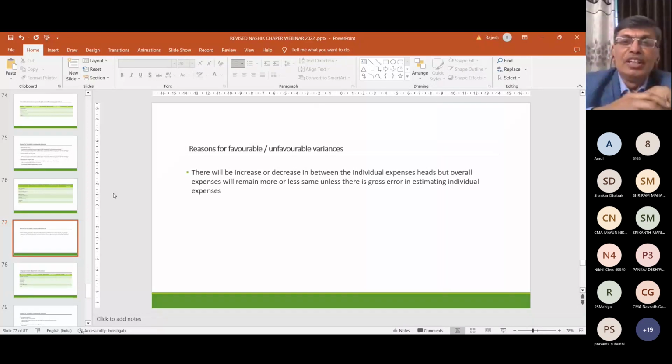There will be decrease and increase between the individual heads, but overall, experience says, and it should happen also, that expenses will be more or less the same, unless there is a gross error in estimating the individual expenses. How the scope was defined in budget and in actual, whether that scope has remained the same, or there was an increase or decrease in scope. Depending upon the scope also, this security budget may result in favorable variance or unfavorable variance.